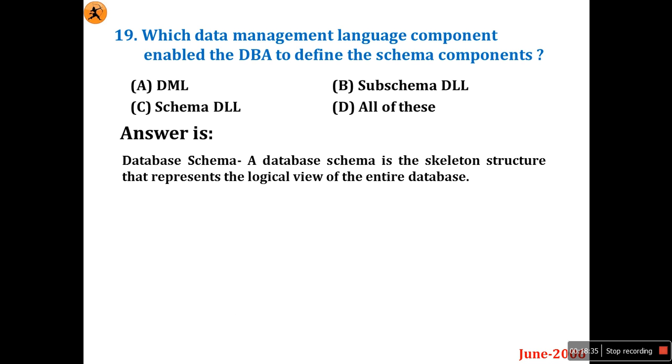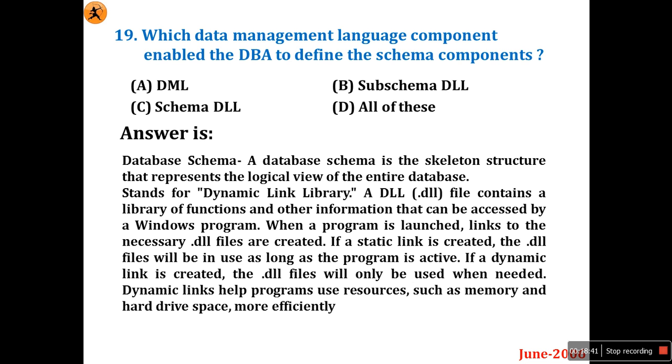A database schema is a skeleton structure that represents the logical view of the entire database. That is schema. What is DLL? DLL stands for dynamic link library, a file containing library functions and other information that can be accessed by the Windows program. When a program is launched, links to the necessary .dll files are created.